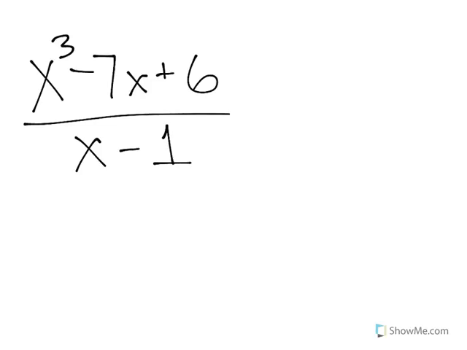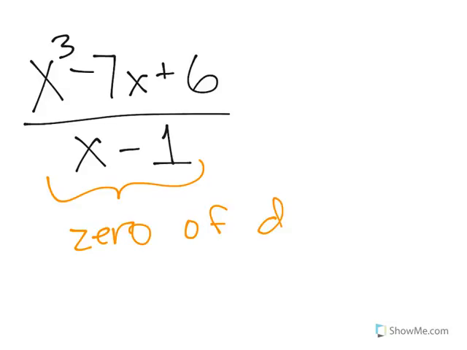Now, how to know if dividing two polynomials will leave you with a remainder? Well, if the 0 of the denominator is also a 0 of the numerator, then you know that you will be left with no remainder.